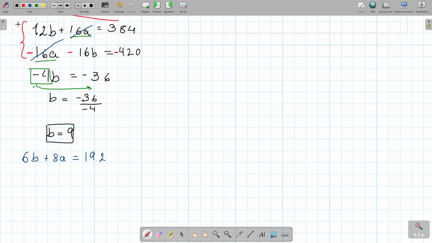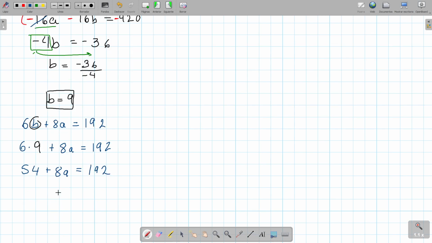I will replace the value of b. We have 6 times 9 plus 8 times a equals 192. 6 times 9 is 54, so we have 54 plus 8 times a equals 192.